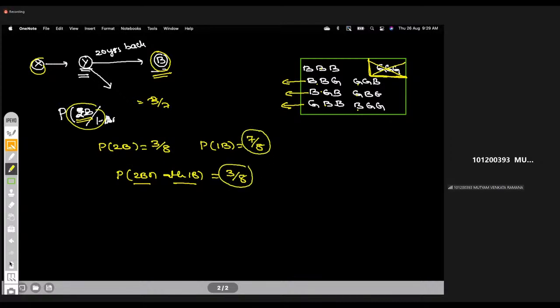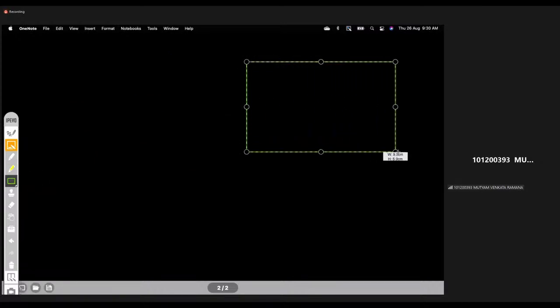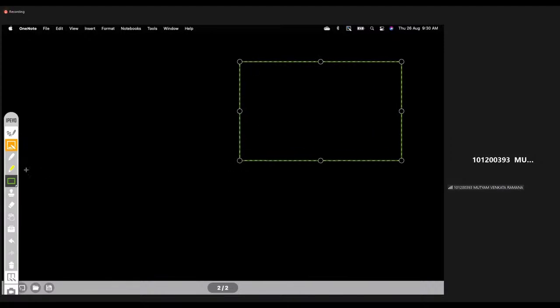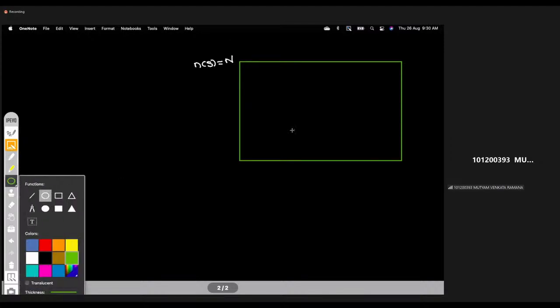Okay. So what we are doing here is, when the universal set sample space is there, n of S is equal to N. But what we have identified is, this event already occurred.